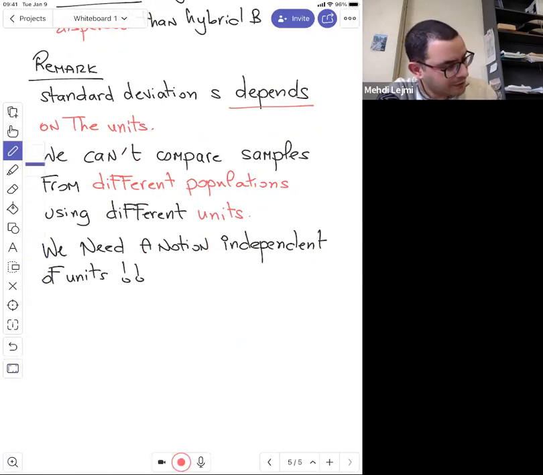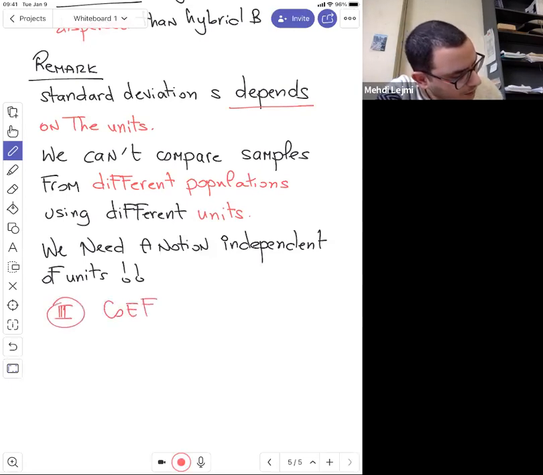So we had the range. Remember, guys, to measure the spread of your data, you can use the range, you can use the standard deviation, and now we can use the coefficient of variation.